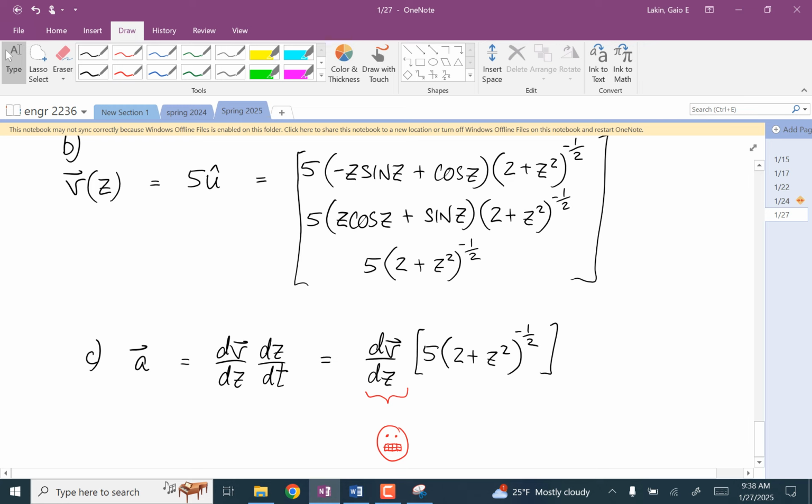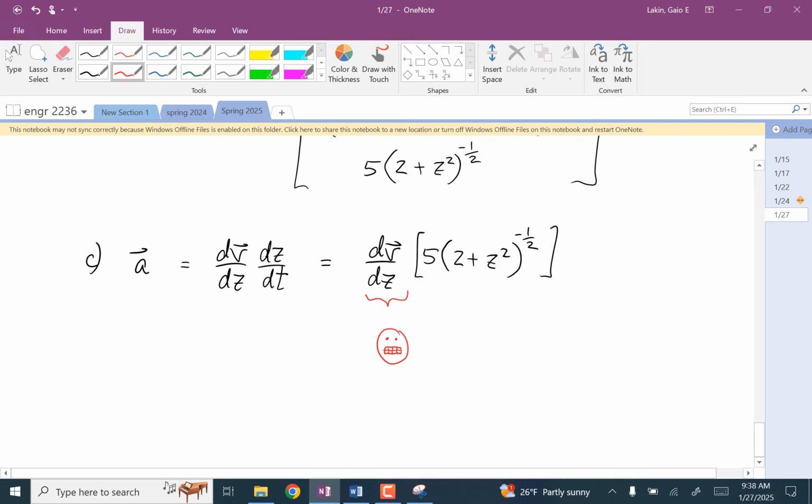That velocity is made out of this unit vector, and to get that unit vector, you have to take a derivative, which can make things messy, and then you have to divide by the magnitude, which is the thing that makes it really messy, and then multiply by the speed. Conceptually, going to the acceleration is easy, but it's going to get brutally more ugly when you take this derivative. This is actually the step where it's going to get the ugliest.